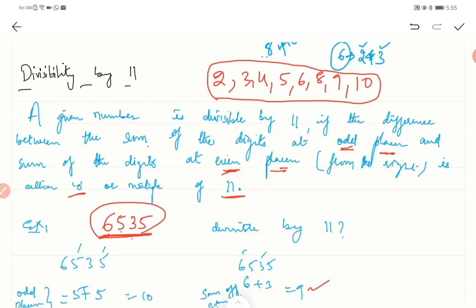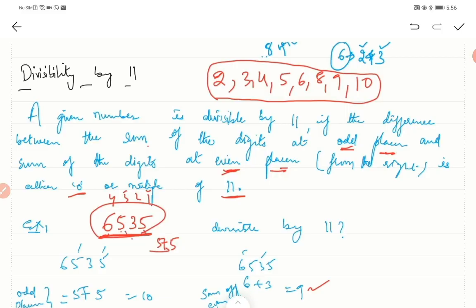So I have 6535. There are 4 places, 4 digits. You need to go from right to left. So at the 1st and 3rd places you have 5 and 5. So 5 plus 5 is the sum of the digits at odd places.